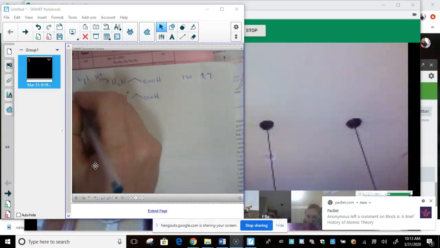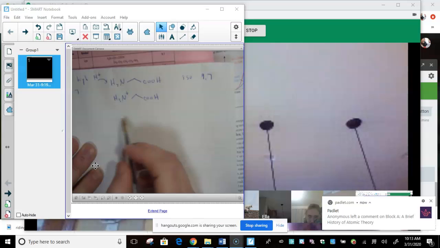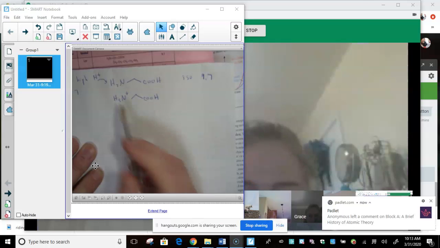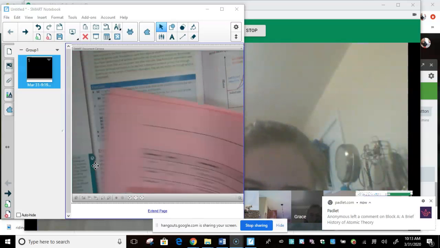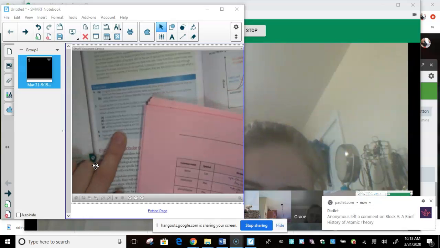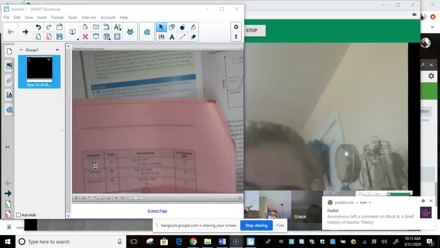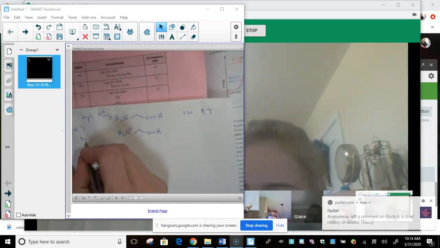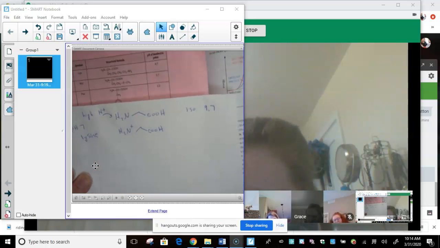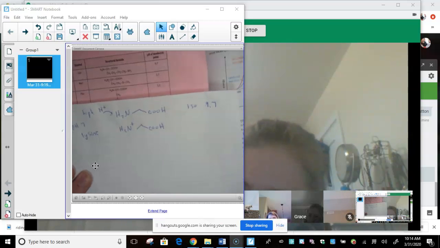So at a pH of 7, we're going to create a positively charged amino acid that actually happens to answer our question, will be positively charged at pH of 7, and this was lysine. So lysine is going to be positively charged at pH of 7.